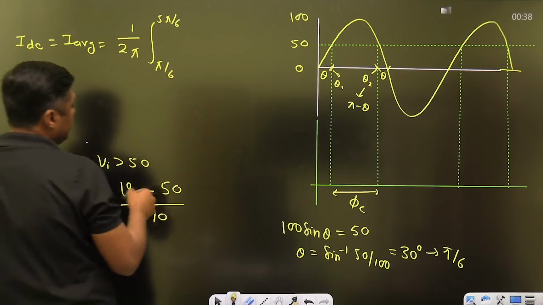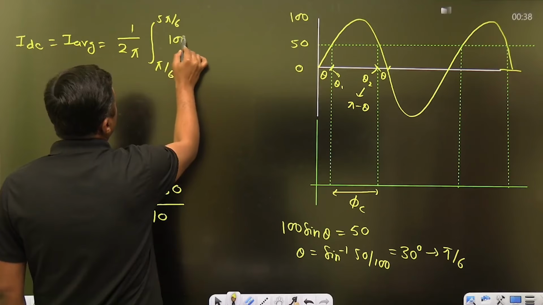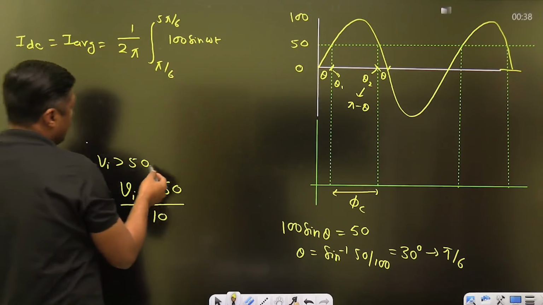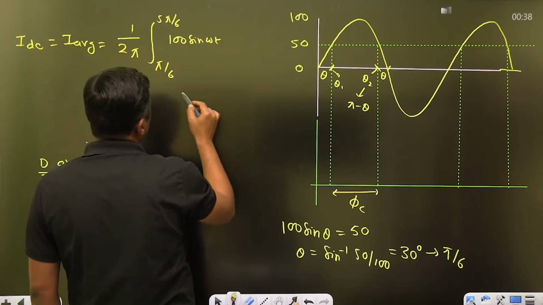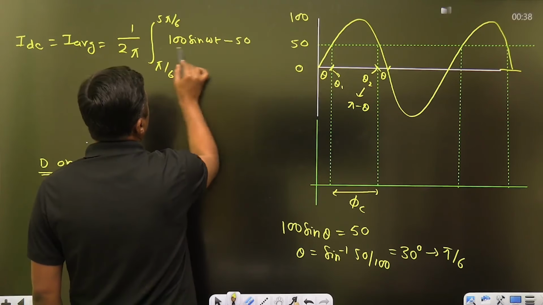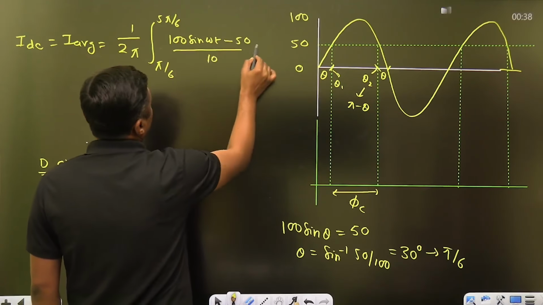What is Vi? 100 sine of omega t. So it is 100 sine of omega t upon 10 minus 50 upon 10, into d omega t.